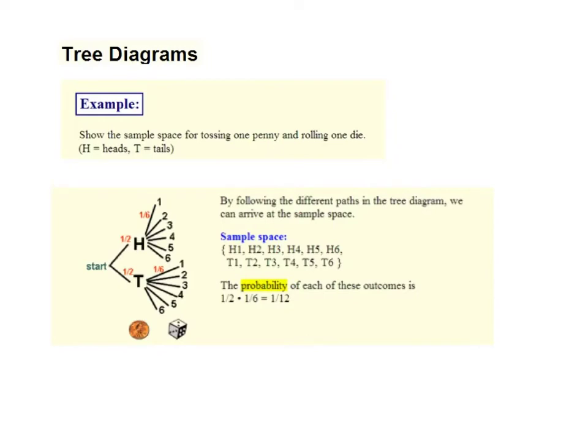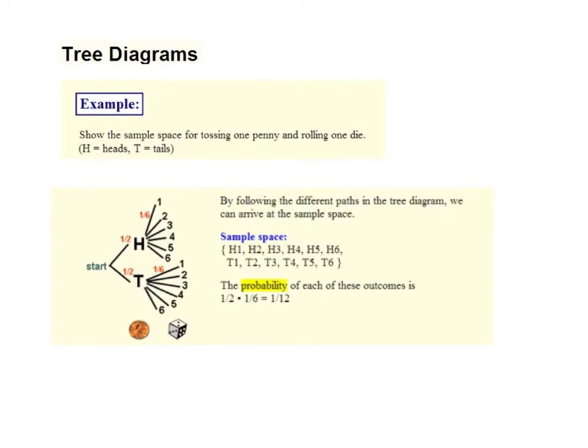Some people find tree diagrams when you're listing out the sample space to make things a little easier. For instance, if you needed the sample space for tossing 1 penny and rolling 1 die, right, then you would have 1 penny would be heads or tails, and you can see that right here. So heads, 1 out of 2 possibilities, tails, 1 out of 2 possibilities.